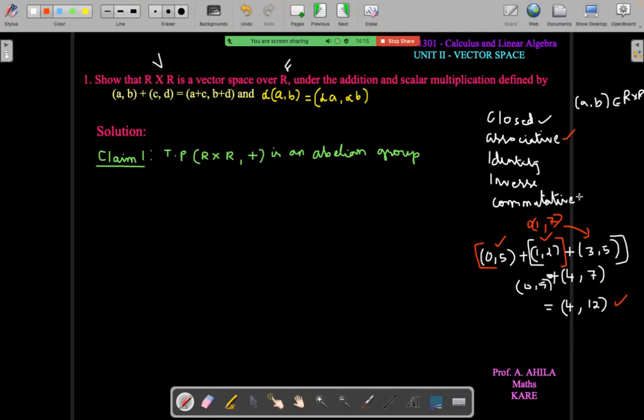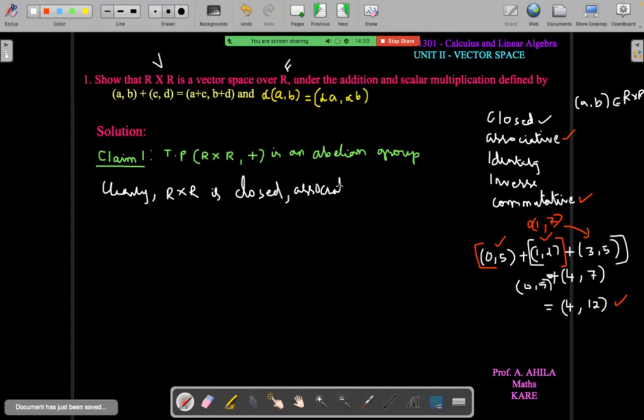Similarly, commutative also we can easily check. That is, adding (0, 5) plus (4, 7) is equal to (4, 7) plus (0, 5). So commutative also true. So here we can say clearly R cross R is closed, associative and commutative.